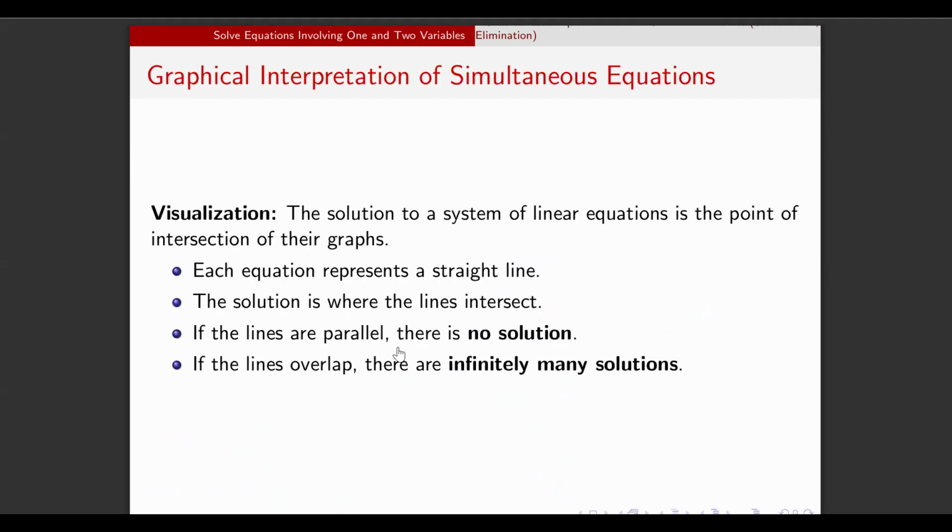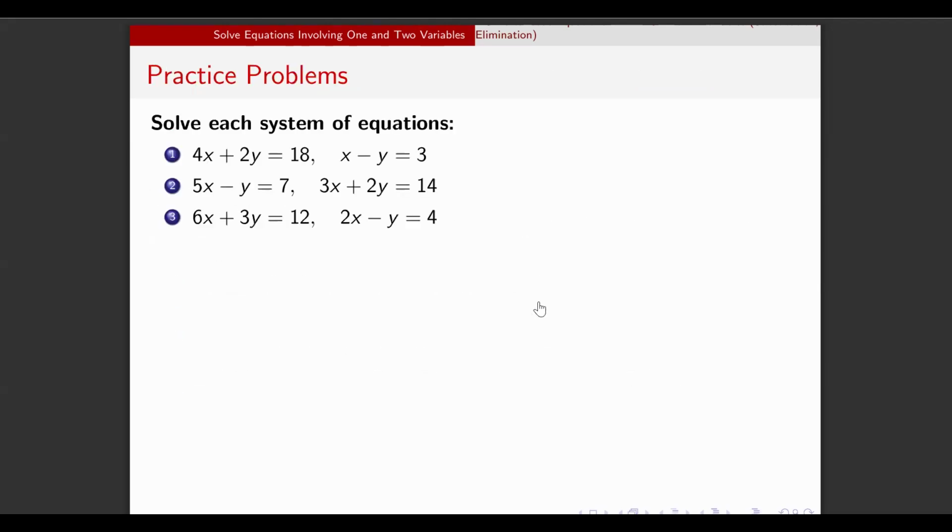You could also use the graph system where you plot the two equations on the graph sheet, and where those two lines intersect, you find the x value and the y value corresponding to that intersection, and then that becomes your solution for x and y. But we will not be doing that in this course. So these are some practice problems for you. You can solve each of these systems of equations. These are very simple systems of equations that you can practice with.